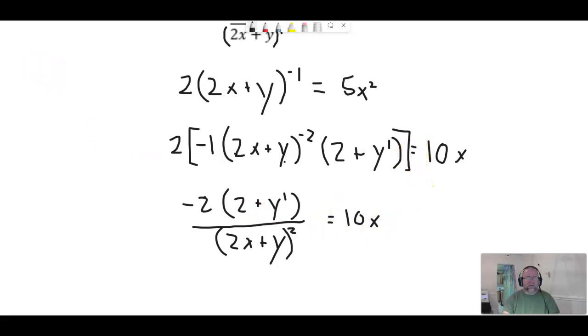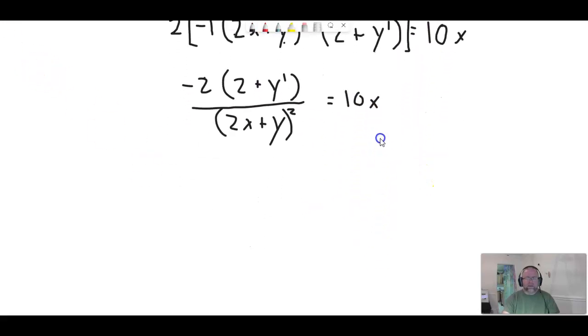All right. The next thing I'm going to do here is try to isolate this y prime. In order to do that, I can either multiply both sides by this denominator, which will get rid of the denominator here, and then divide both sides by negative 2 in order to get this by itself.